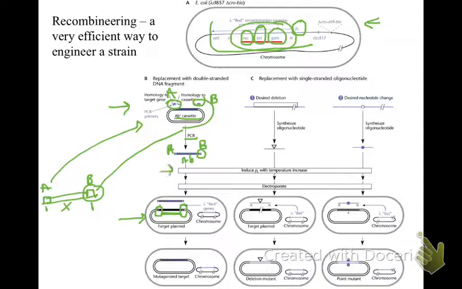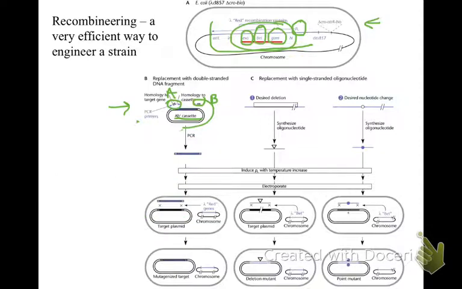Now we heat our cells, and that's going to induce expression of those lambda EXO, BET, and GAM genes. We're going to electroporate this PCR product into the cell. Now when we electroporate in, we've already induced expression of red. So we have the red proteins being made, EXO, BET, and GAM. And our regions of homology will have 2 recombination events at either end.